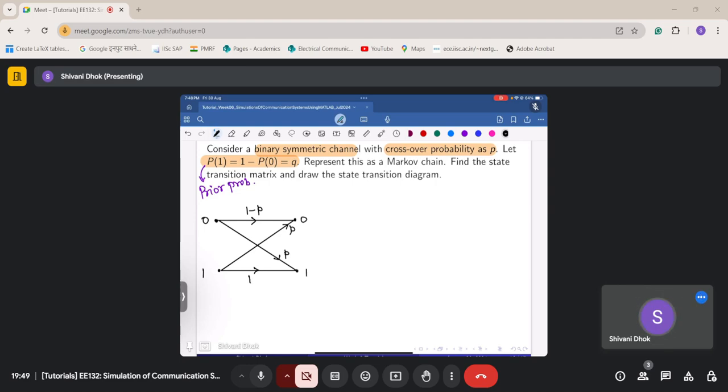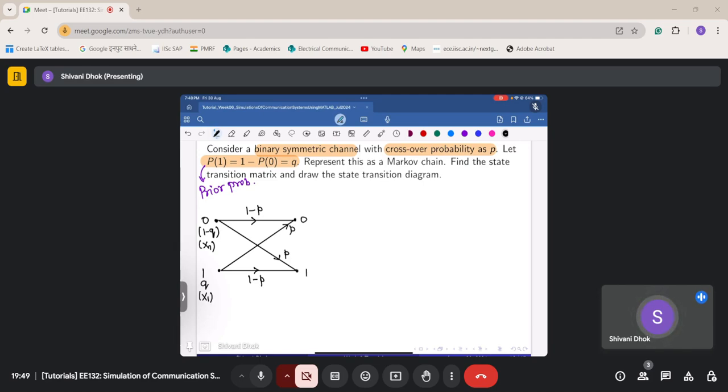It is given that the probability of initial 0 is 1 minus Q, and this is Q, for x1.